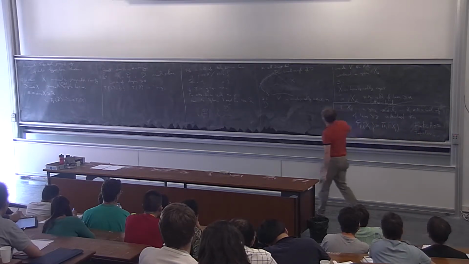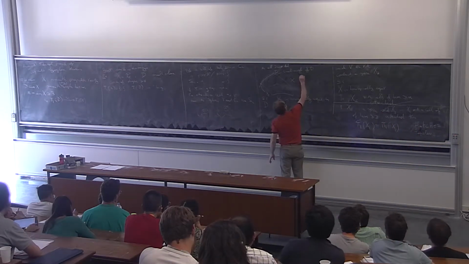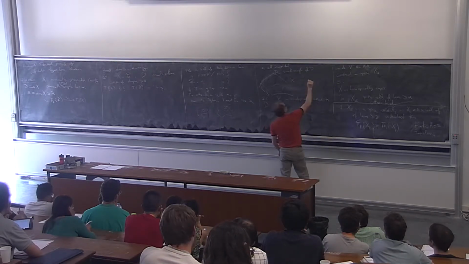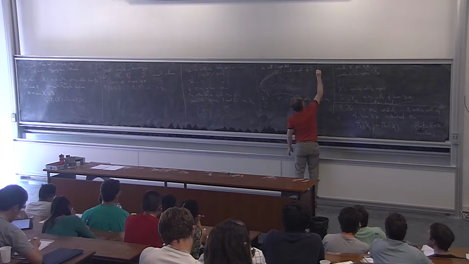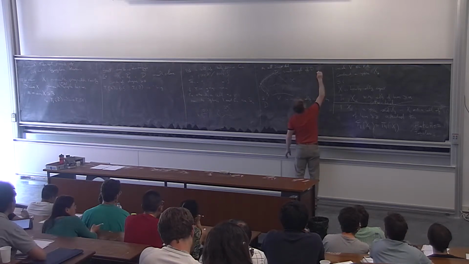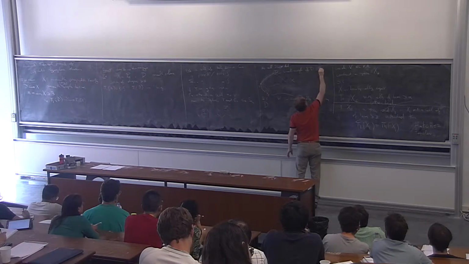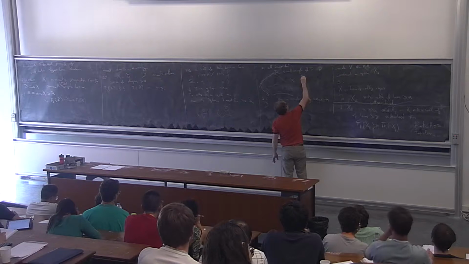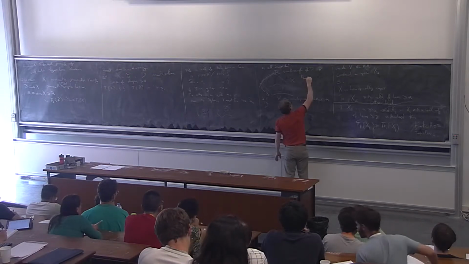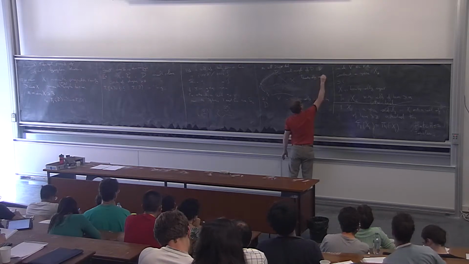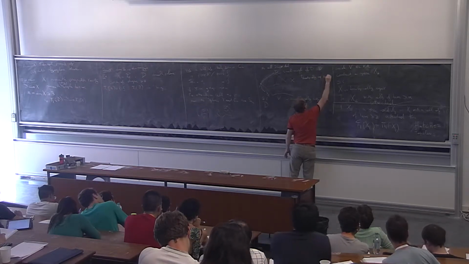Because this small neighborhood, which I will call, I don't know, W, is homotopically equivalent to D.